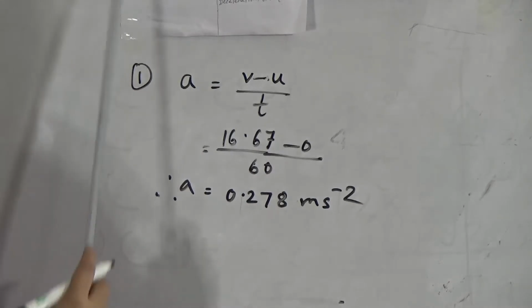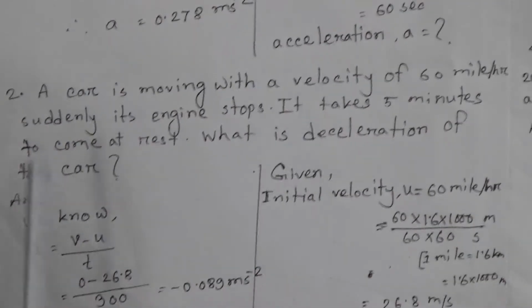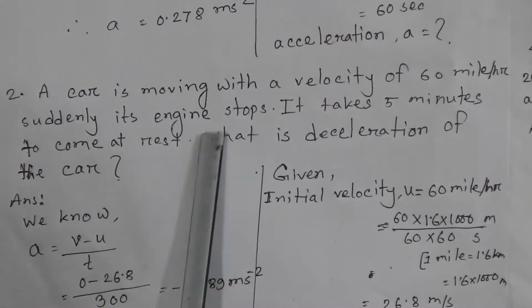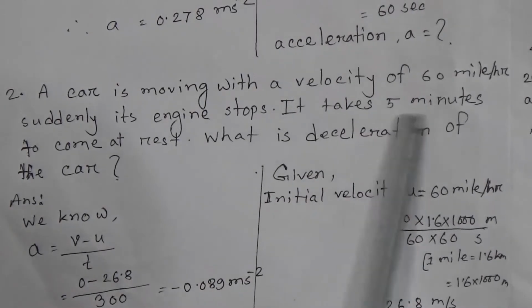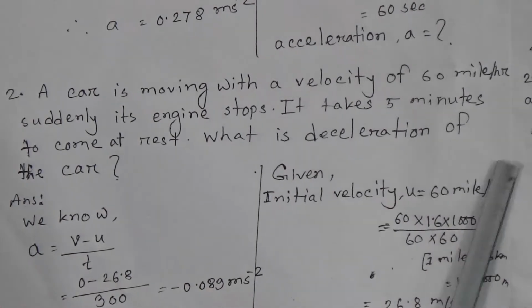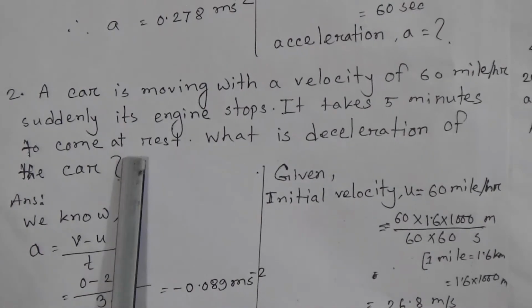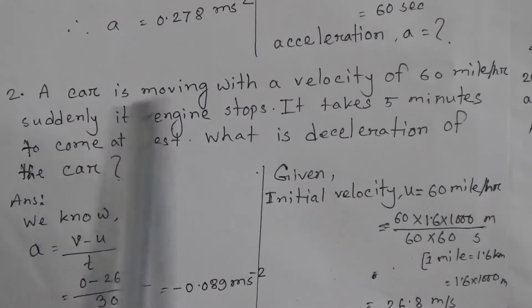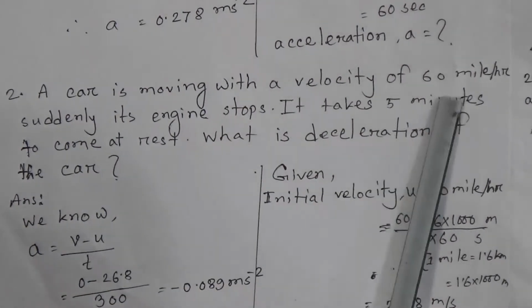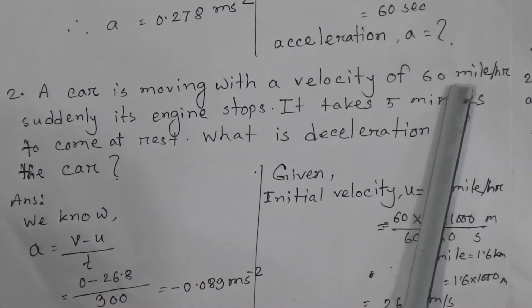Okay, now come to number 2. Problem number 2: a car is moving with a velocity of 60 miles per hour. Suddenly its engine stops. It takes 5 minutes to come to rest. What is the deceleration of the car? The car is moving with a velocity of 60 miles per hour, that means this is the initial velocity.